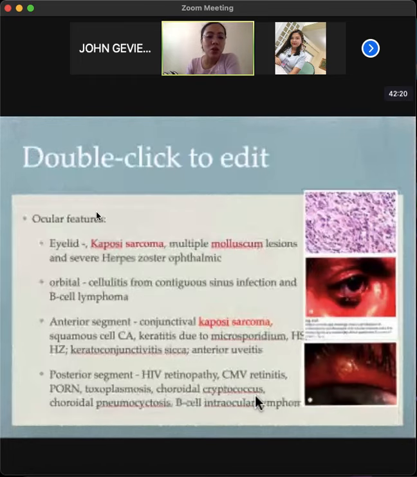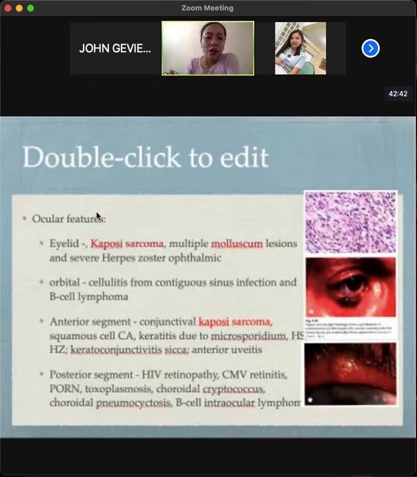So these are also ocular features of HIV, particularly your Kaposi sarcoma, a lesion seen in the eyelid, molluscum contagiosum, so you know that in derma, orbital cellulitis from spread of infection of the sinus.